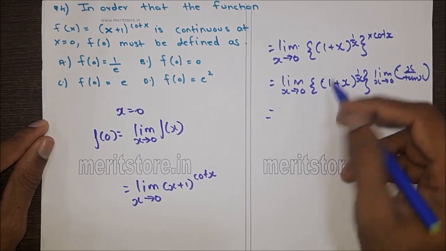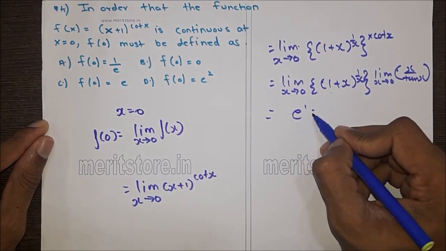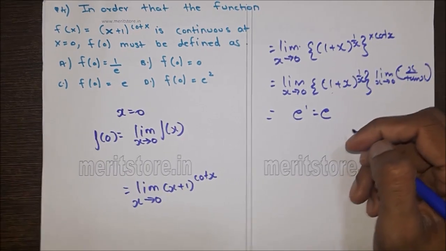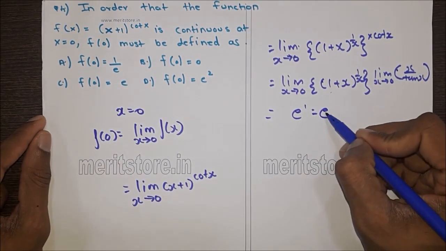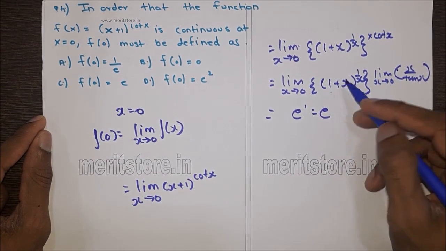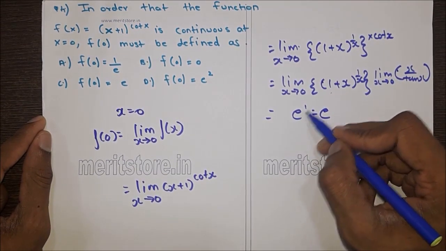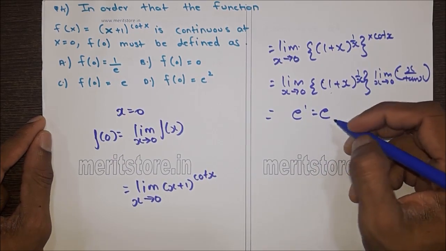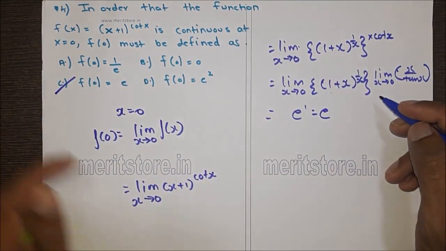Therefore, we can write this as e raised to 1, which is equal to e. The whole limit changes to e raised to 1, which is our answer e. Therefore, option C is the correct answer.